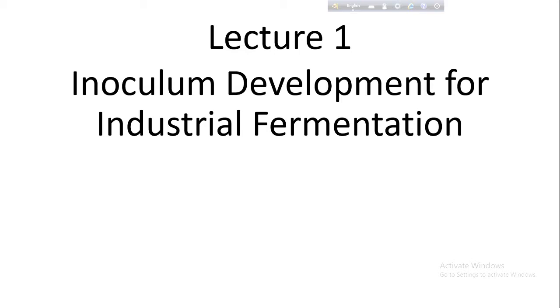Well, before starting the lecture, I shall give you a brief description about the contents of our course. As you know, it is a core course of the Biotech program. So we have to know the A to Z procedures, or the A to Z pros and cons, of industrial biotechnology.